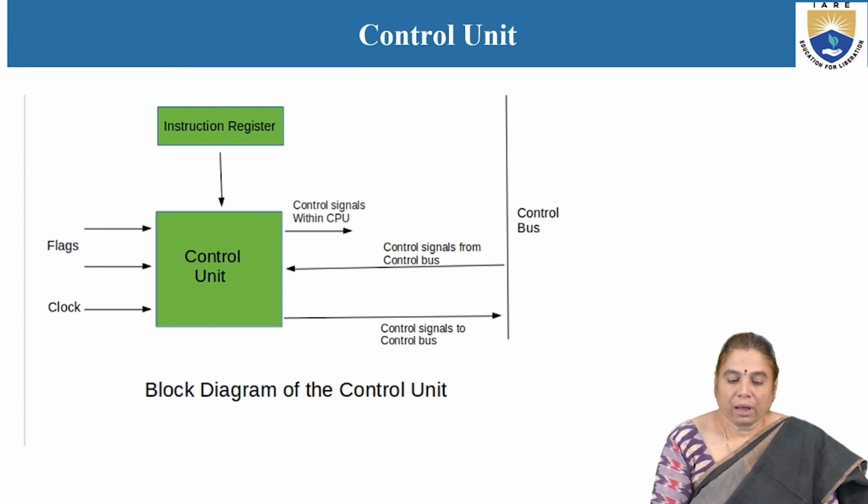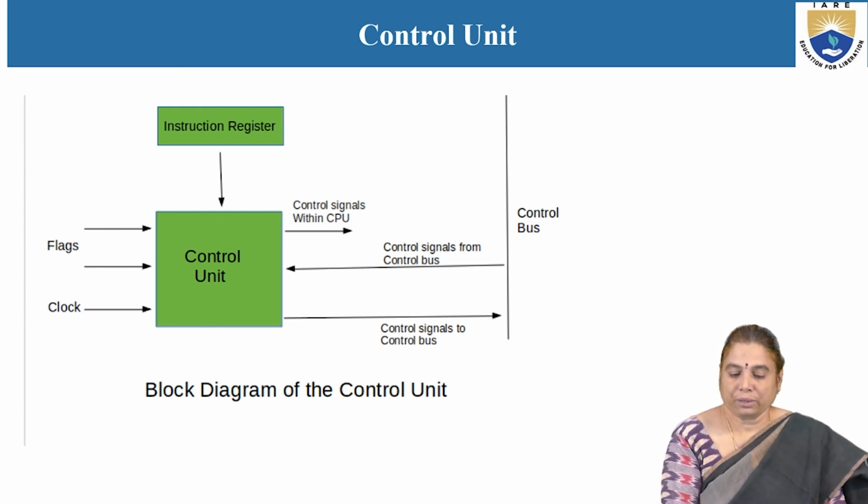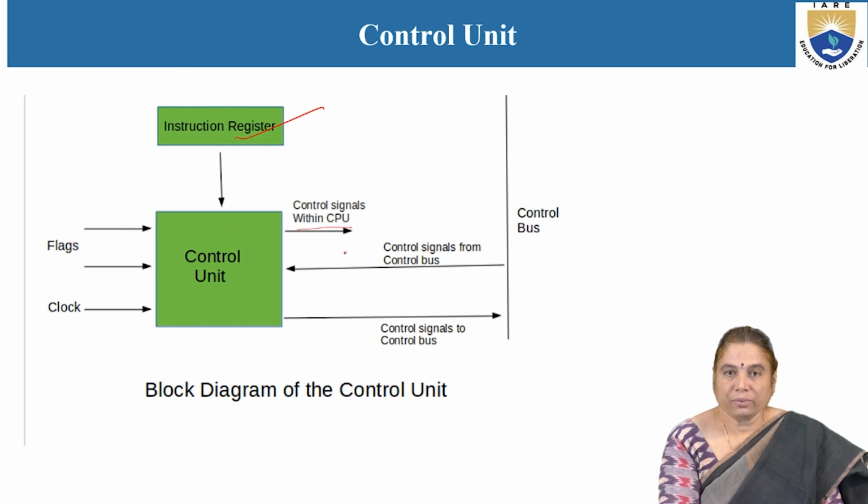With the help of clock signals, the control unit can control the functions. Here this is the instruction register. Depending upon the instruction decoding, control signals have to be generated, so that the flags and the clock signals, the rest of the buses can be controlled to take data and for execution of the program.